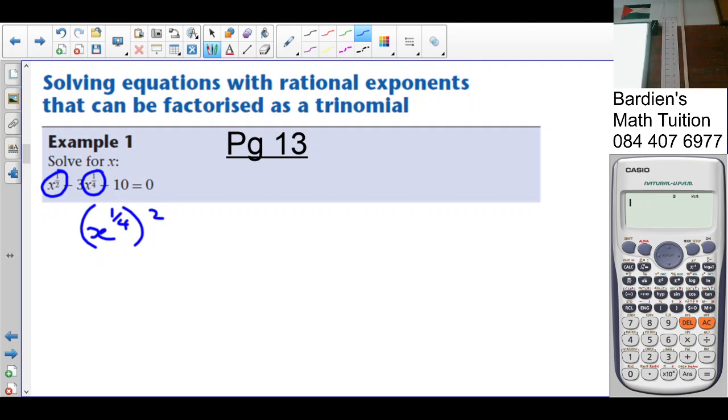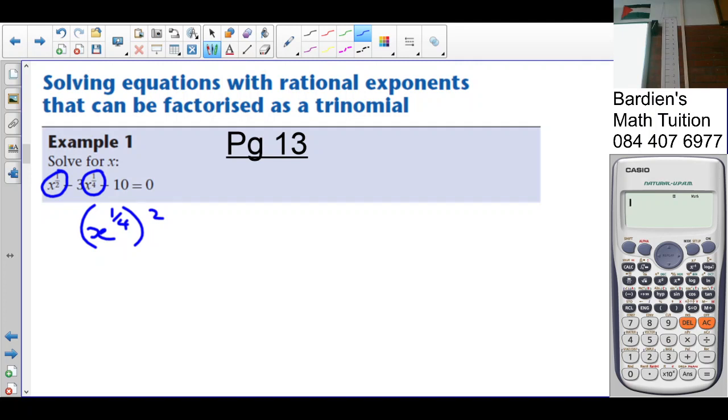Not so? Why? Because a quarter times 2. What's a quarter times 2? Half. Which then gives me again the first term in that trinomial on the left hand side.